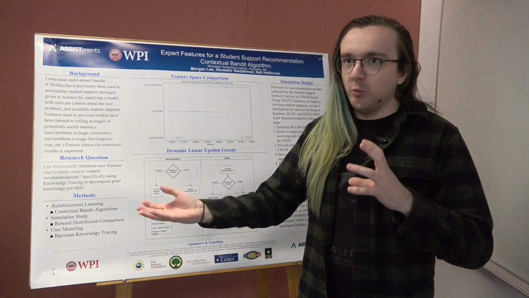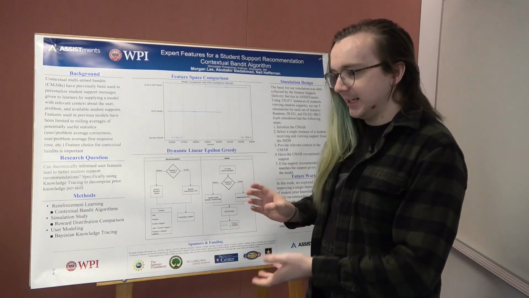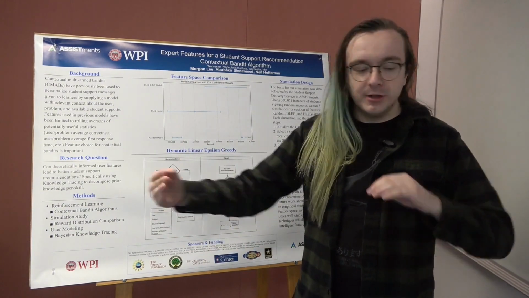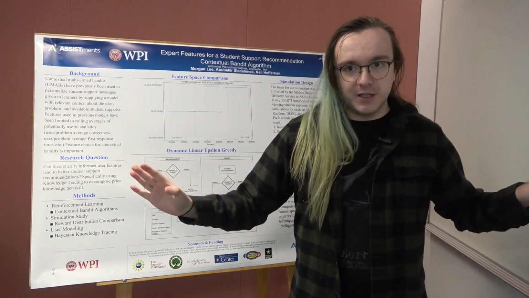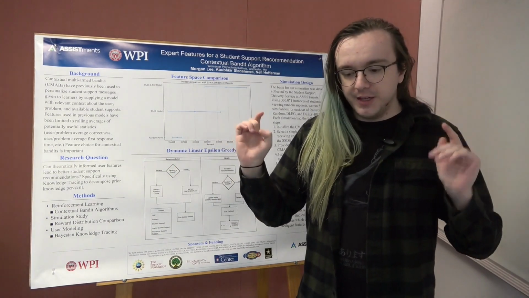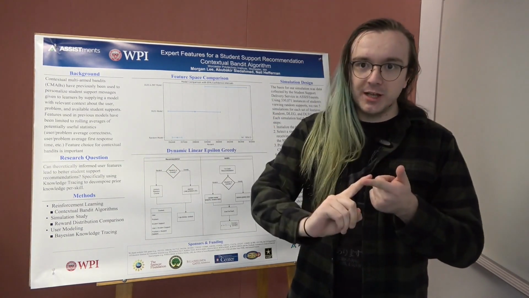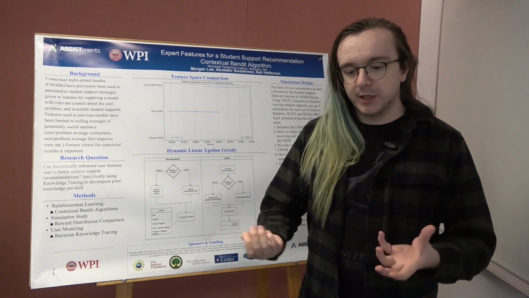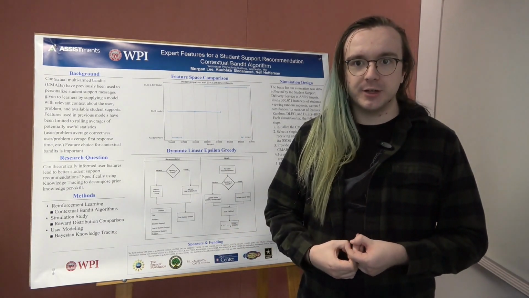And the context that this bandit is taking in is a bunch of computed averages that we compute across the entire Assessments database. These can be features at the user level, like a user average correctness. How likely is this particular student to get a problem correct on the first try?